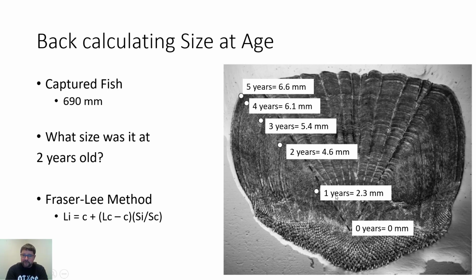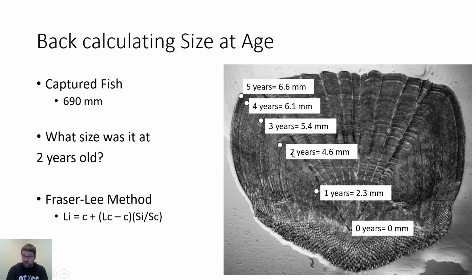At the annulus of 1 year, the distance from the focus to that 1 year mark is 2.3 millimeters. I measured 2 years is 4.6, 3 is 5.4, 6.1, 6.6. Now I want to know what the size of the organism was at 2 years of age.